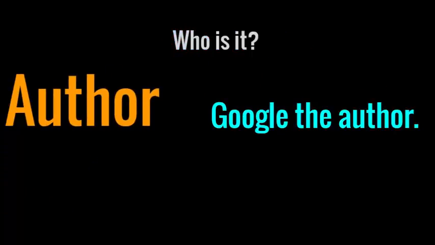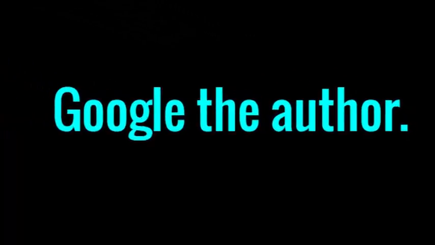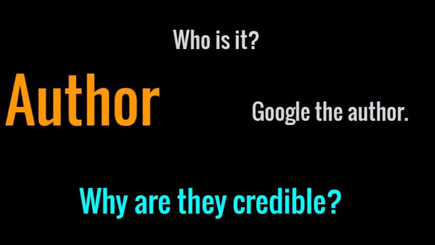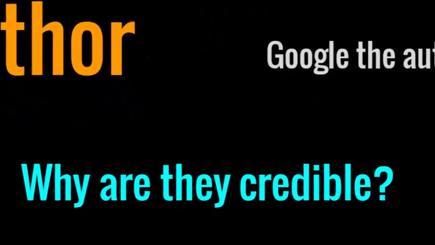Once you have identified the author, you may need to learn about the author. Some websites may give a brief biography of the author. You can always Google the author's name to determine if the author is credible. Googling their name will help you learn about the author. After you identify the author and learn a little bit about him or her, you need to determine if they are a credible source of information.